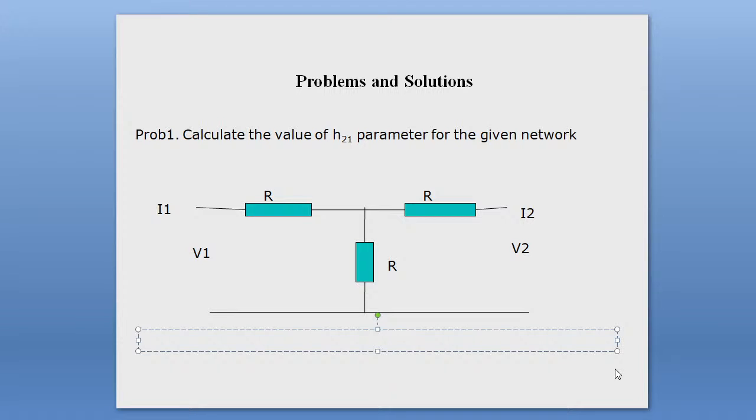V2 and I1. I1. V1 and I2 are dependent variables. You know that. V2, V1 and I2 are dependent variables. For this case, we have to prove it.